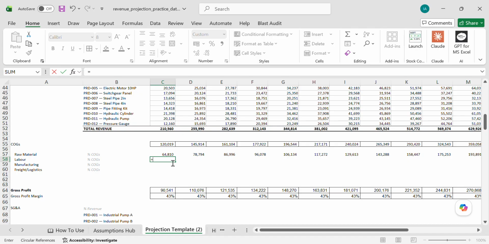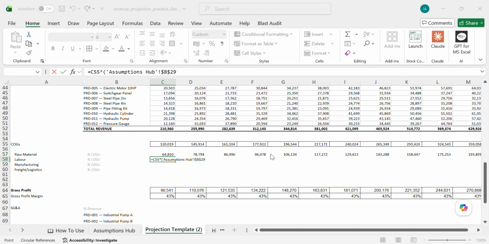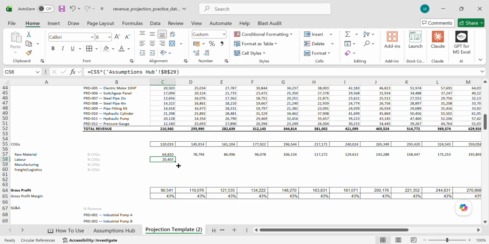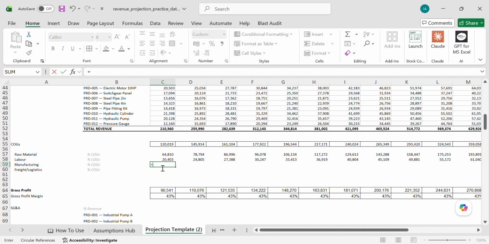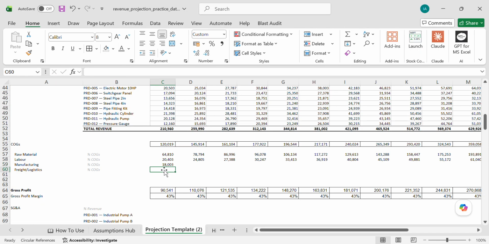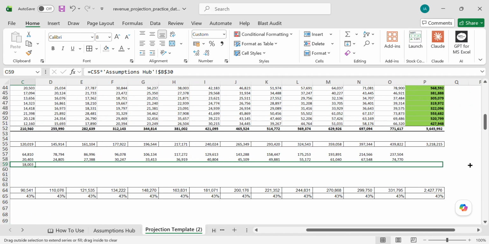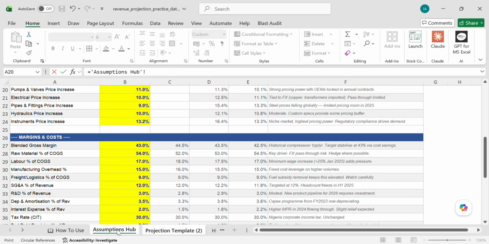That's how we are splitting these costs. Labor. Manufacturing, 15%. Logistics, fleet.